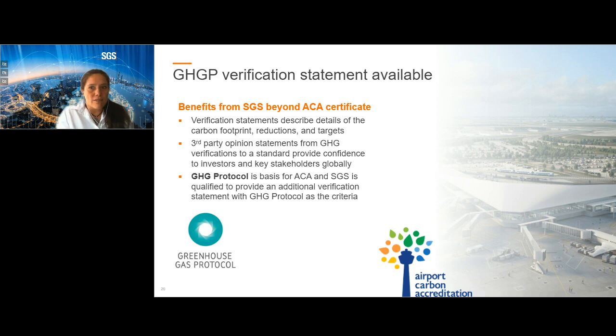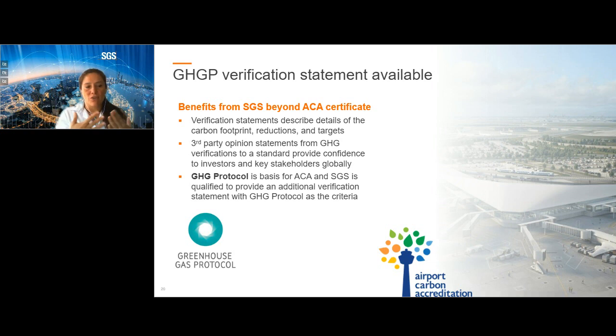For the public, you don't have a greenhouse gas certificate to say what your footprint is, which were your boundaries, which is the year or period that was included. So that's why, for example, in SGS, when we do an Airport Carbon Accreditation, we also give a greenhouse gas verification statement.